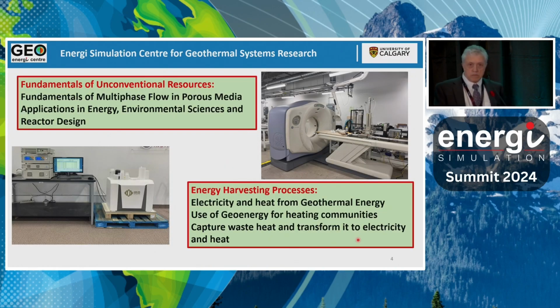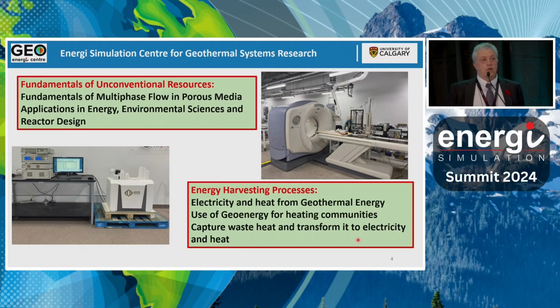So if you want to look at the work we're doing and split it into two categories, the one at the top is the fundamentals of unconventional resources, and this is multi-phase flow, heat transfer and mass transfer in porous media. Bulk of the application is in oil and gas, and a smaller portion is in environmental remediation.